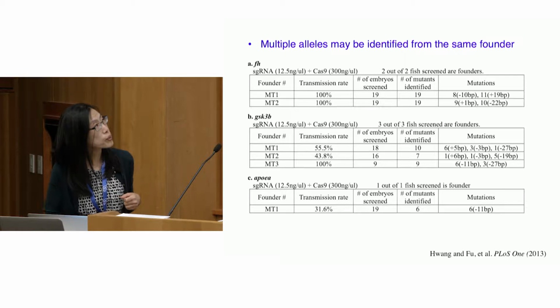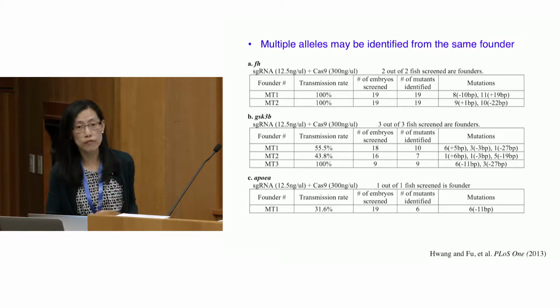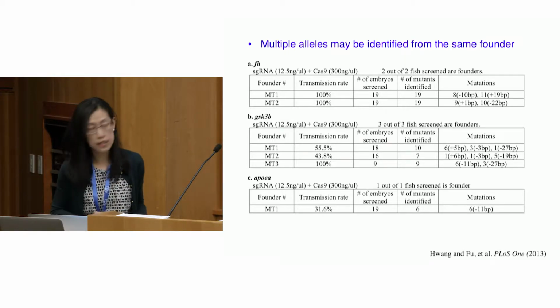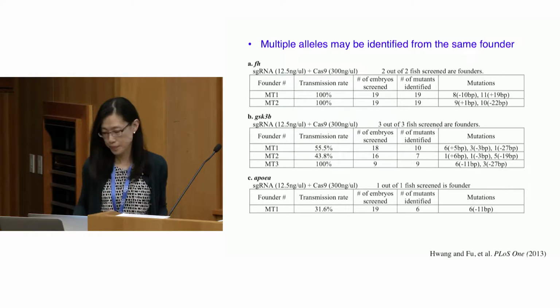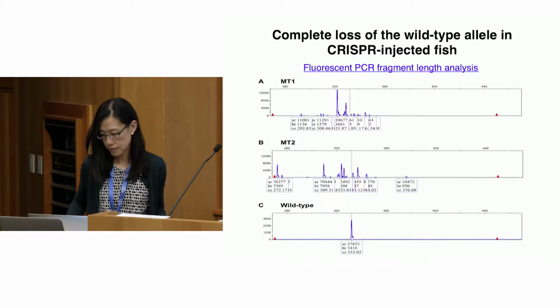Importantly, we can also identify multiple alleles from one founder, and different founders may also carry different alleles, as shown here by the mutation sequences in terms of their insertions and deletions.